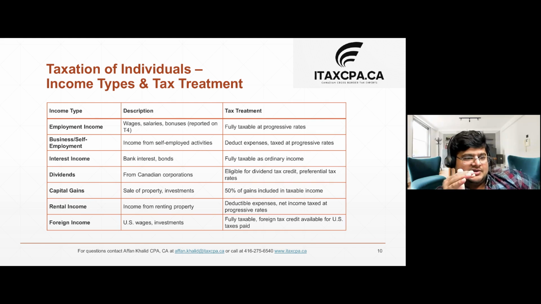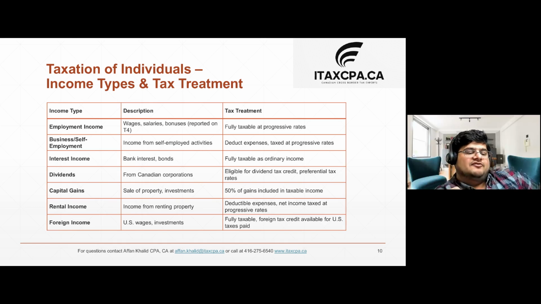Dividends, this is tricky. With dividends, we have a bifurcation of whether it's a dividend from a Canadian company or a dividend from a non-Canadian company. A dividend from a non-Canadian corporation is treated as any ordinary income, fully taxed at the progressive rate.